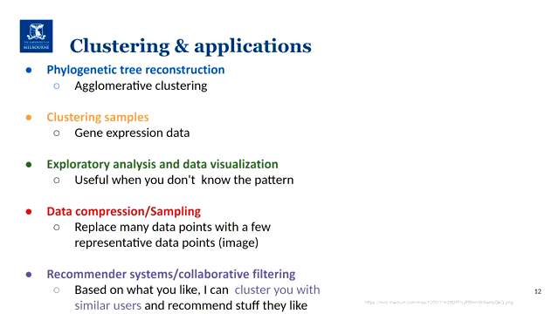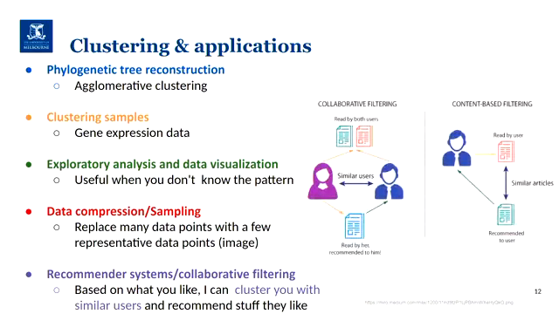Okay? And clustering is quite important as well in recommender systems and collaborative filtering. This is based on, let's say, clustering users in social networks and recommending stuff they might like. And this could be done in 2 ways. For instance, clustering similar users. Let's say these 2 users read more or less the same content.